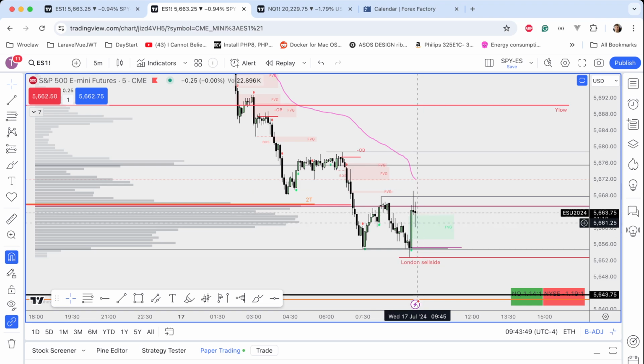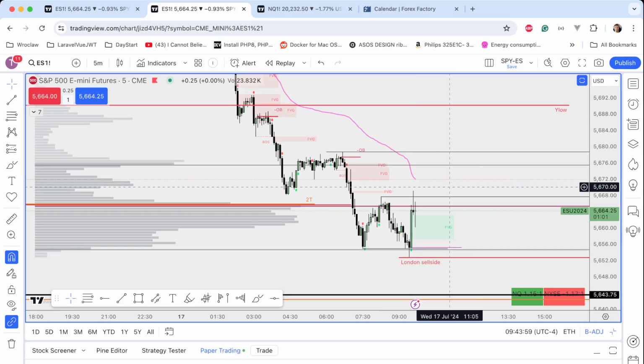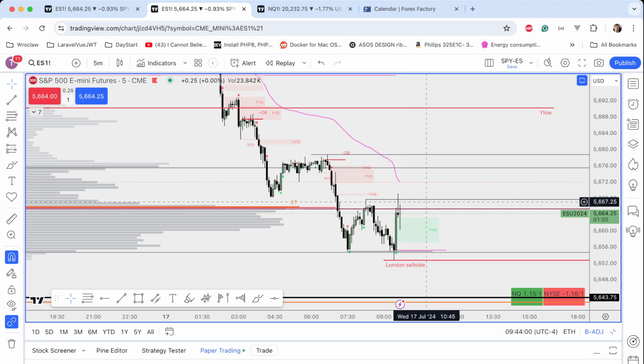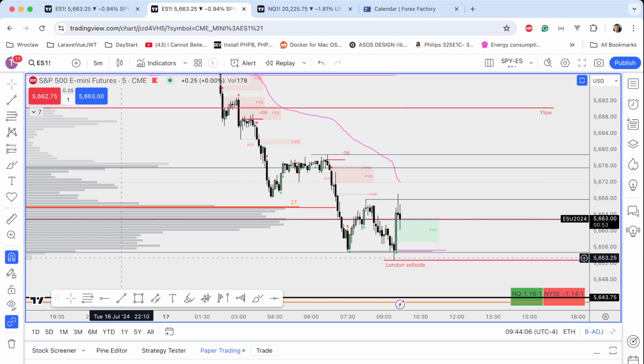And I don't buy that thing. I don't think it's just gonna continue. Maybe. But they have no reason to start pushing because now they need to create another liquidity. They already played that liquidity.